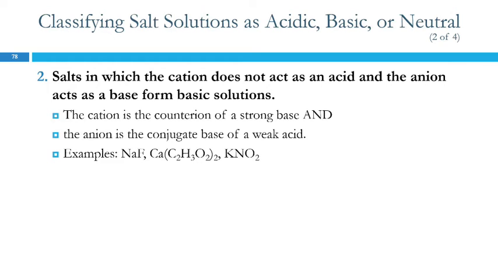What you'll need to be able to do is if I give you something like KNO2, is that solution going to be acidic or basic or pH neutral? So what we're gonna do, let's do this one. We're gonna look at the separate ions. So we've got K plus and NO2 minus. Is this related to a strong base?